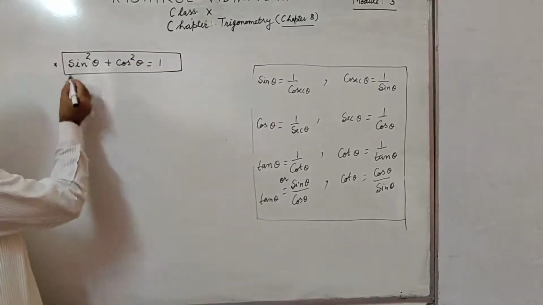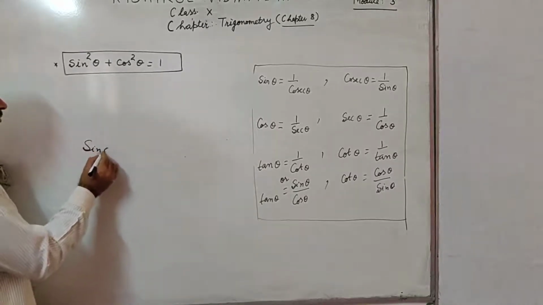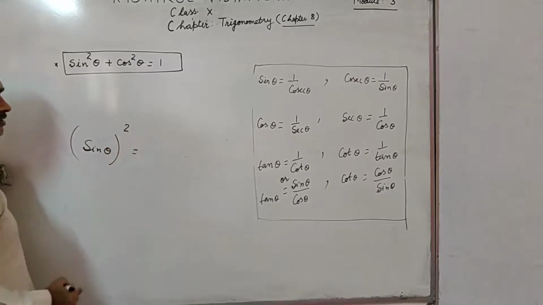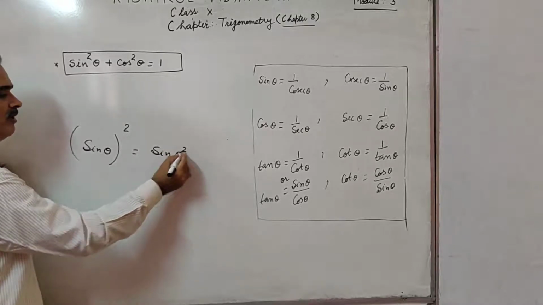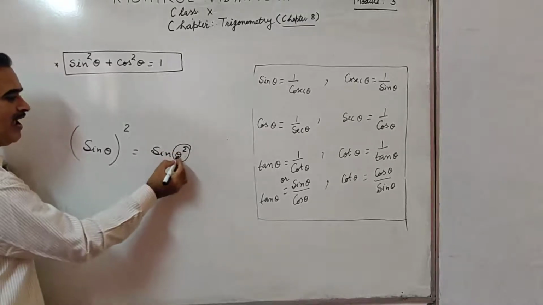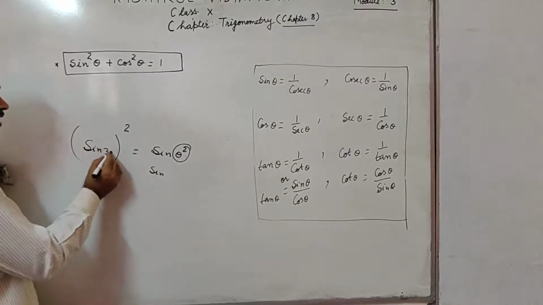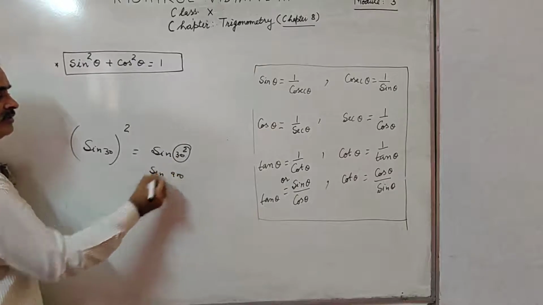Sin square: some students commit a mistake. If there is sin theta and we do the whole square, they write sin theta square. Beta, this is the square of the angle. If sin 30 is there and you write 30 square, it becomes 900.